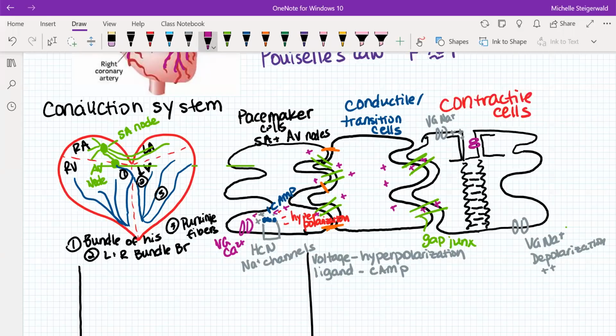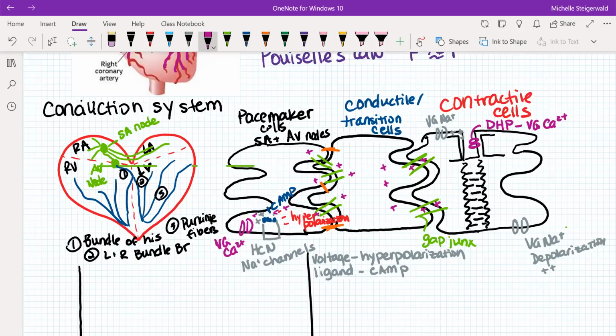DHP receptors. Here, DHP receptors are voltage gated, meaning that positive charge doesn't just cause it to move, it actually causes a gate to open. And since these are calcium channels, we say that this is a voltage gated calcium channel.